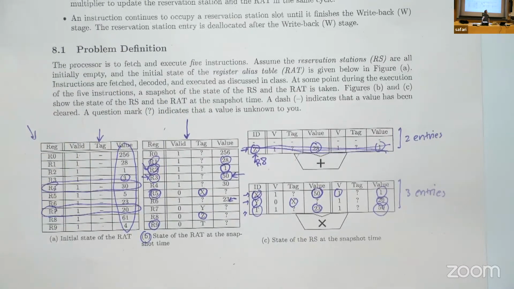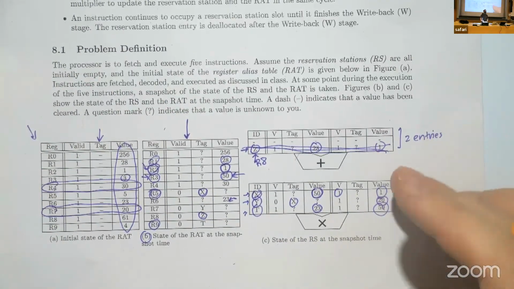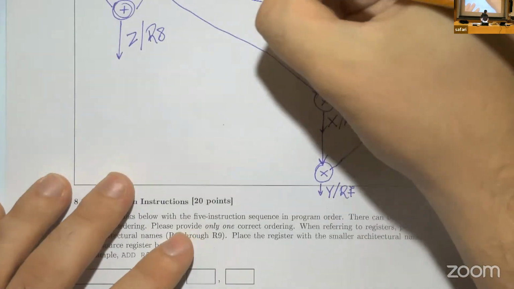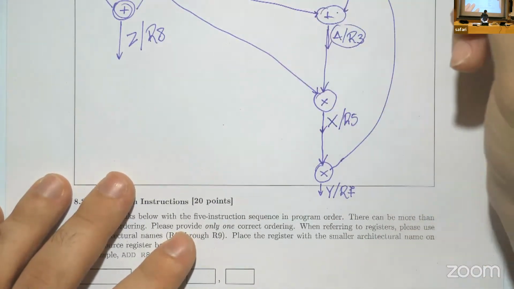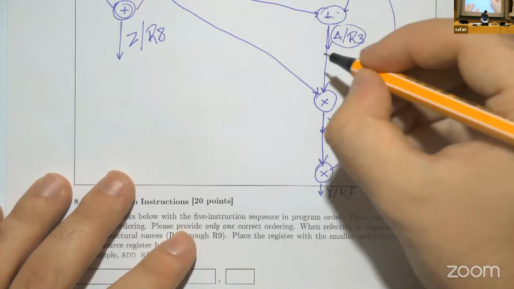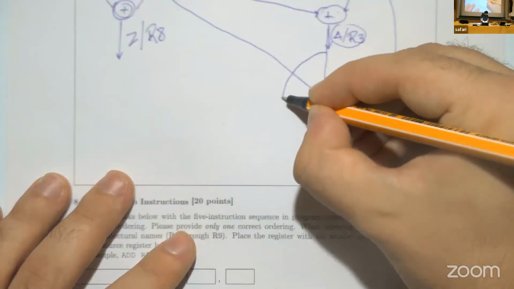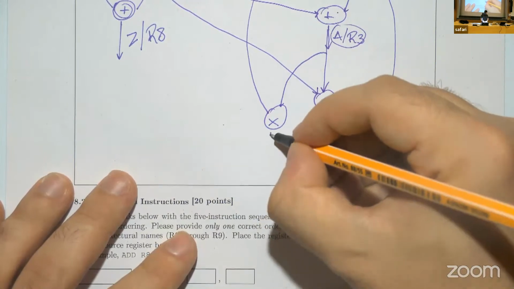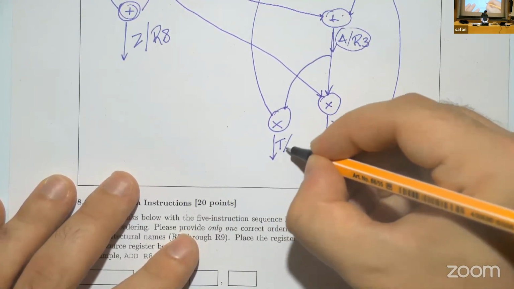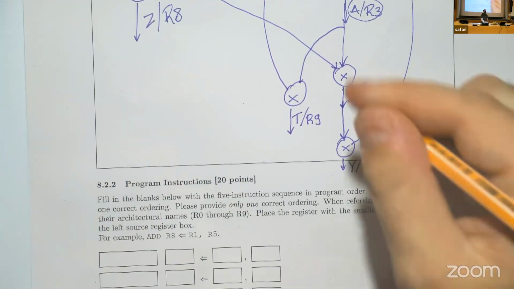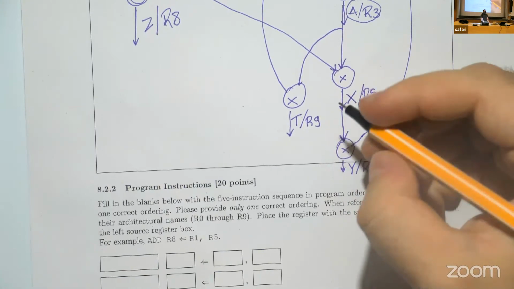That's pretty straightforward. We multiply R6 with R3, and we get the result T in R9. That's why I left some space here. So right now we have all the 5 nodes that we need, which correspond to 5 different instructions.